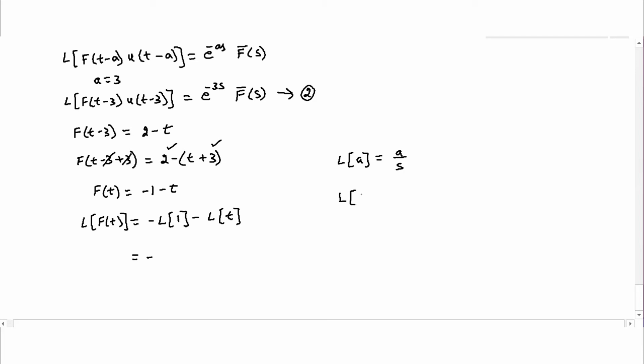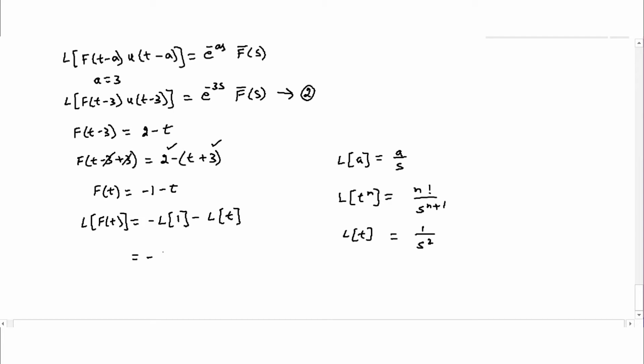For the second term, the Laplace transform of t^n is n factorial divided by s^(n+1). Just above I have calculated the Laplace transform of t using the same procedure: 1 factorial is 1, divided by s square, which is the Laplace transform of t.